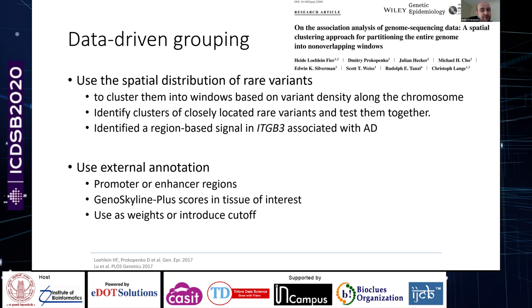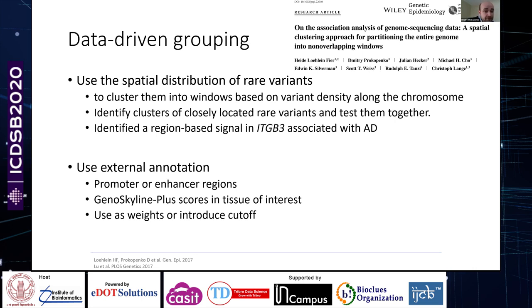It groups densely located rare variants, so the window size is actually different for different groups, and the cut points are located in sparse regions where you have less variation. We applied this method to Alzheimer's disease and identified a region-based signal in the ITGB3 gene, which is associated with Alzheimer's.